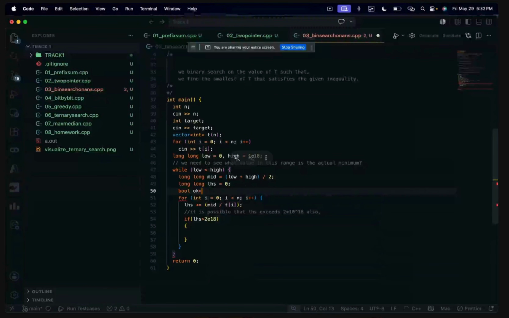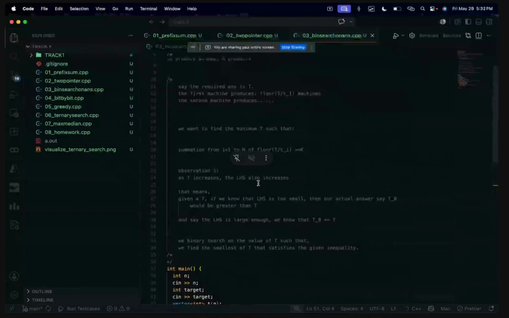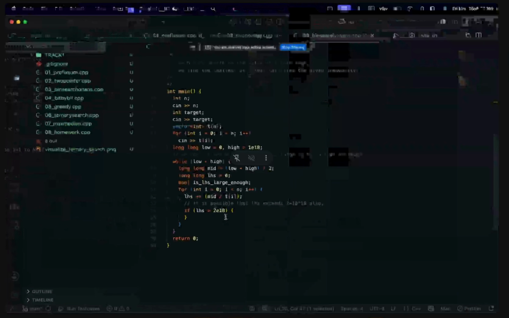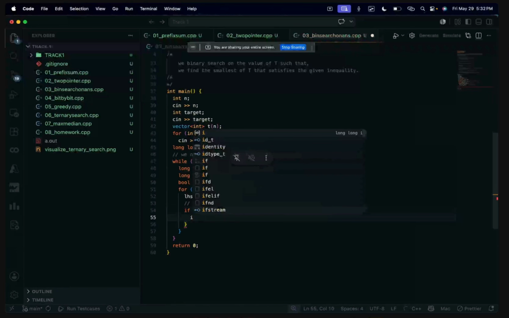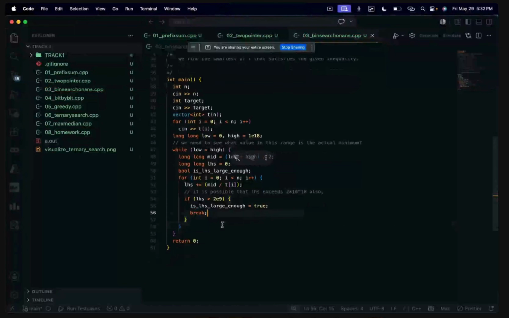What I mean is bool is LHS large enough. If the LHS is more than 2 into 10 power 18, and we know that the RHS is only up to 10 power 18, is it? Yeah, RHS is only up to 10 power 18, so we don't even have to do 2 into 10 power 18. If the LHS is more than 10 power 18, we already know that the LHS is large enough. Is LHS large enough? This would be true. And we would stop adding to LHS and we would just break here.